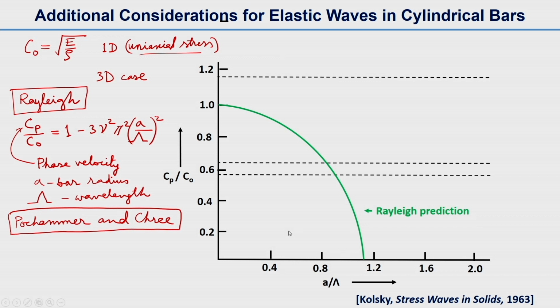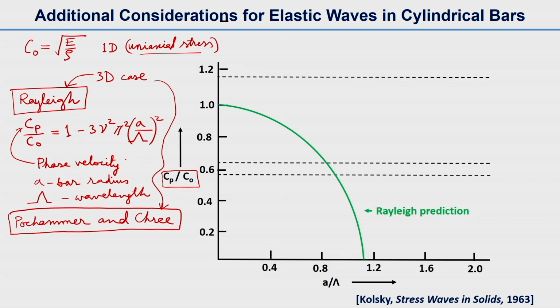So what we can see from here, in three dimensional cases, there are two commonly used calculations, one is Rayleigh and the other is Pochhammer and Tree. In this case, we have the phase velocity normalized by the uniaxial wave velocity.